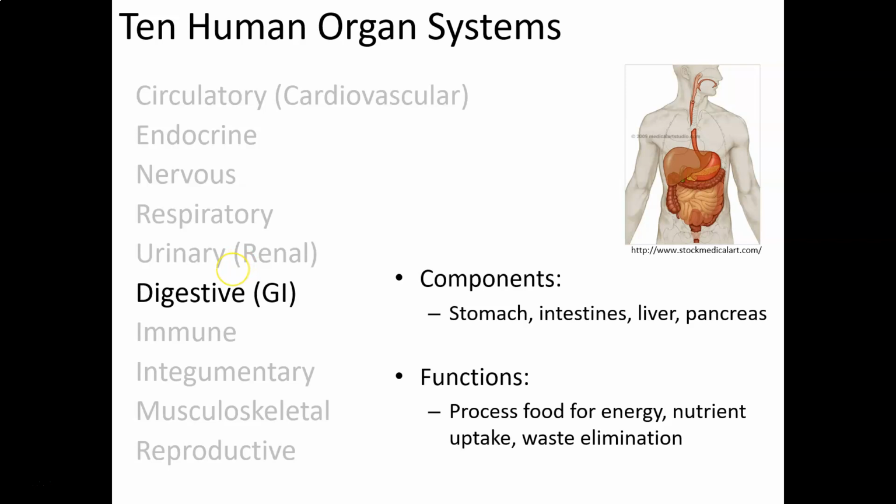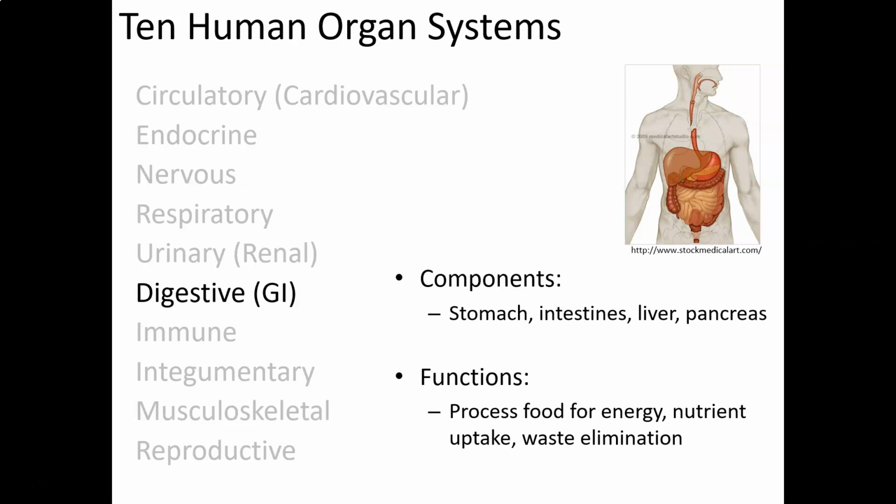So the digestive system, the major components of the digestive system, which is sometimes known as the gastrointestinal or GI tract, consists of the tube basically between your mouth and your other side, your anus, and the accessory structures like your liver and gallbladder and teeth and things like that.